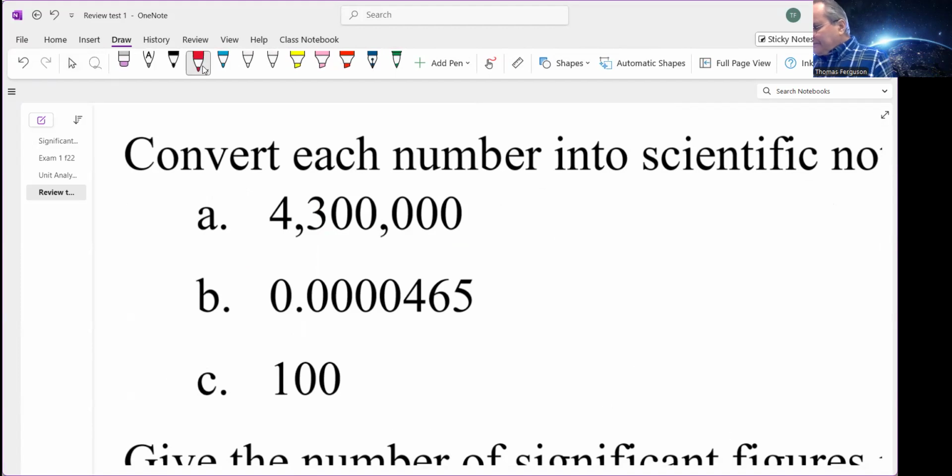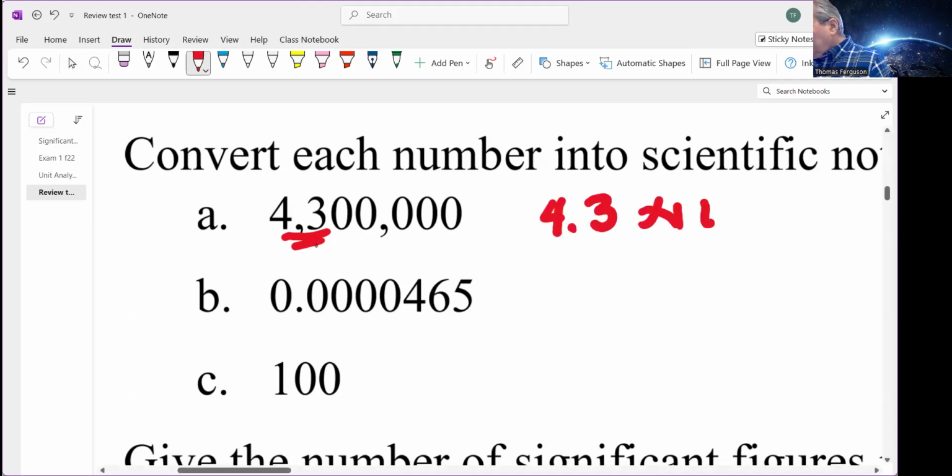So this needs to be a number from one to nine. And we have 1, 2, 3, 1, 2, 3. So that's 6. Okay.